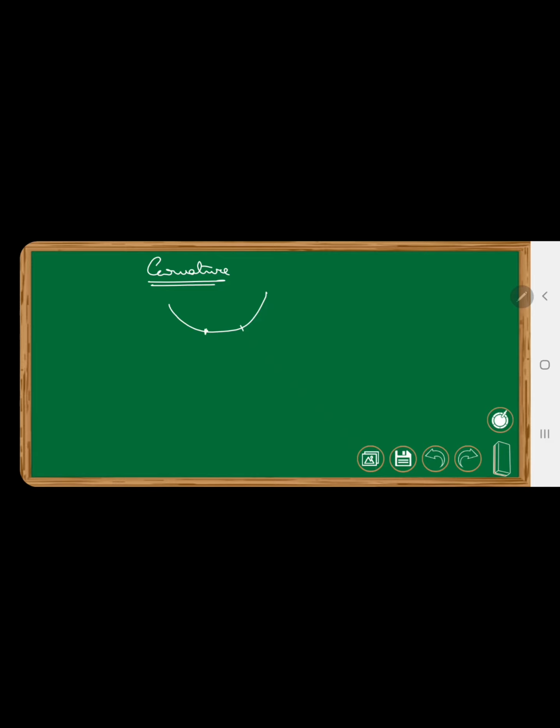If you take 2 points like this and you draw angles to these, and this is a horizontal axis, so suppose this is alpha and this is alpha plus some delta alpha. So this change in angle is taken with respect to the change in arc between these 2 points, and that ratio is called your curvature.